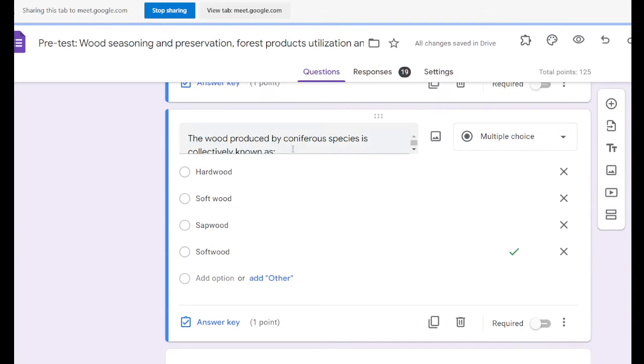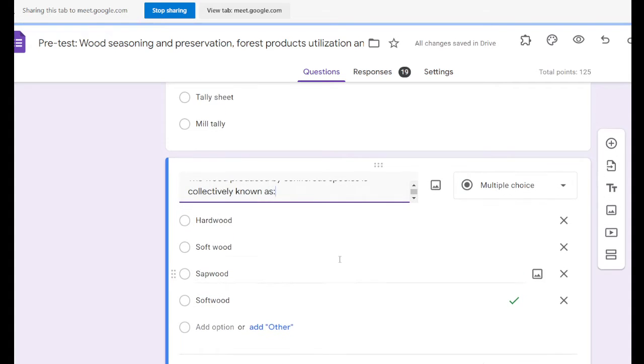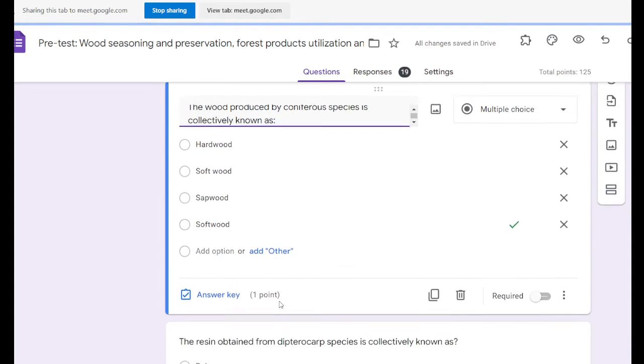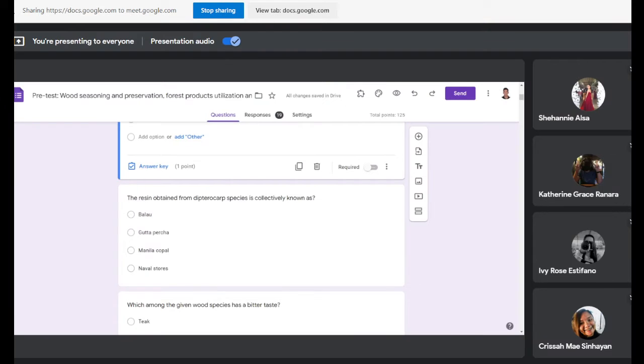Next, the wood produced by coniferous species is collectively known as, of course, it's a very simple question. The answer for this one is softwood. Okay. Resin obtained from the pterocarp species is collectively known as, answer ano eh? Anyone? Erica?